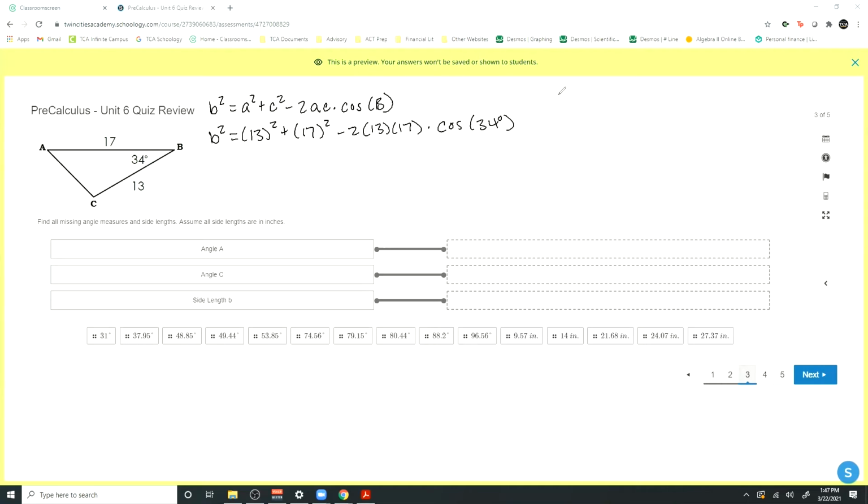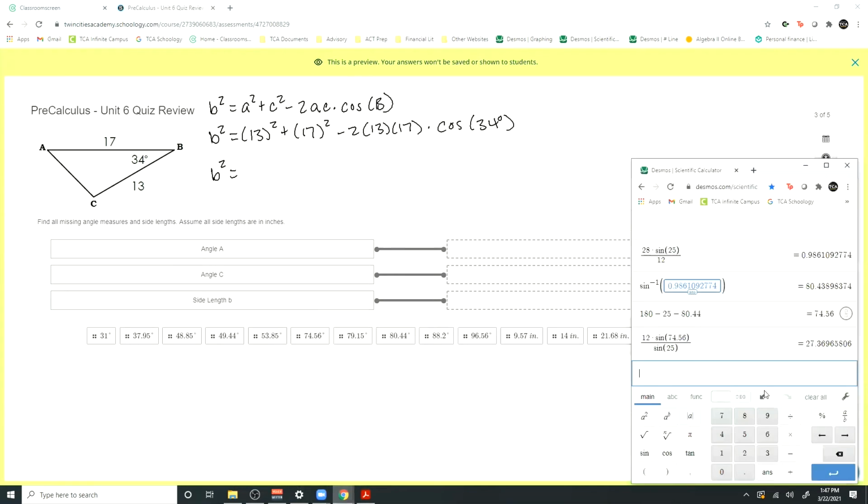Now I should be able to put this right into the calculator: 13 squared plus 17 squared minus 2 times 13 times 17 times the cosine of 34 degrees.